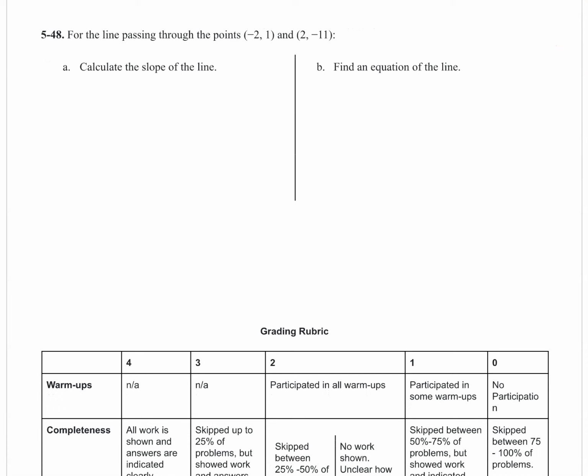Alright, let's check 548. First, let's find the slope, then we'll get the equation. Okay, here's our points. Our first point we'll call x1, y1, and our second point we'll call x2, y2.